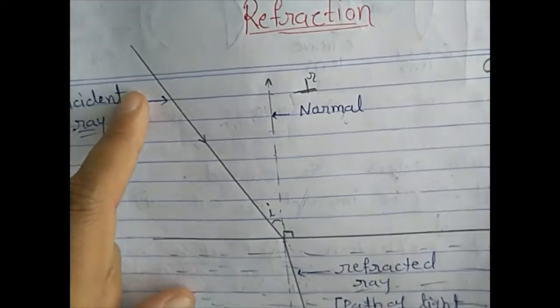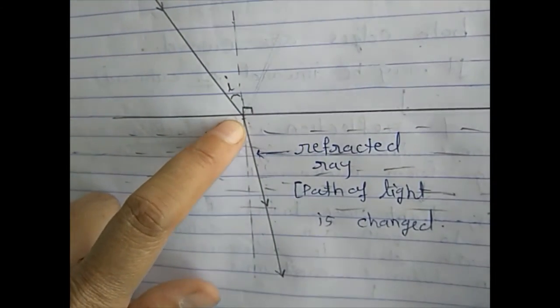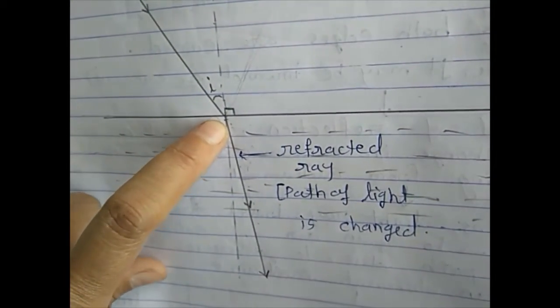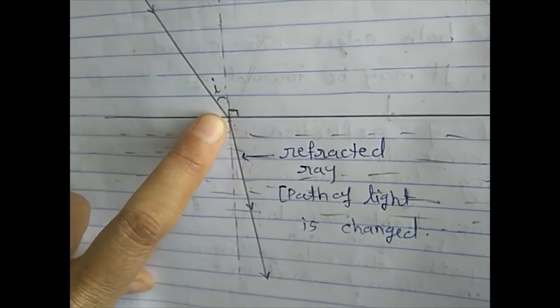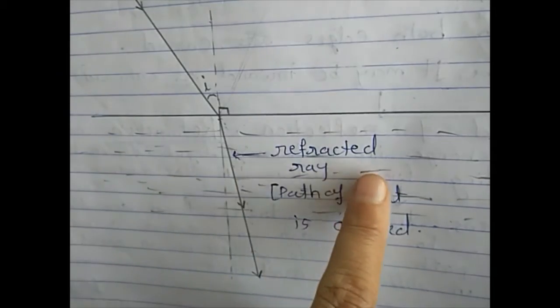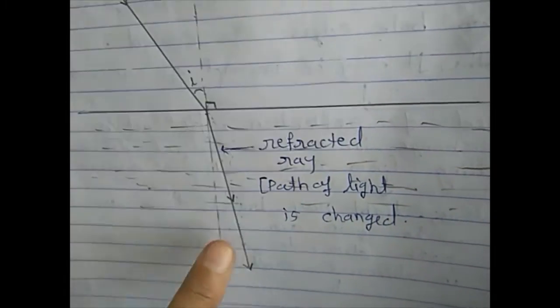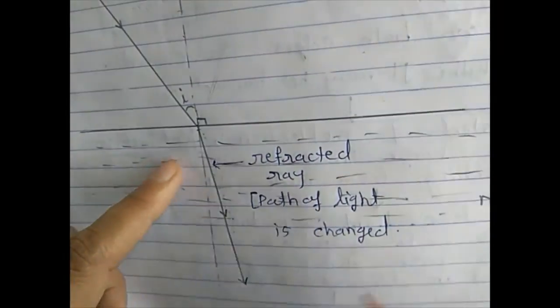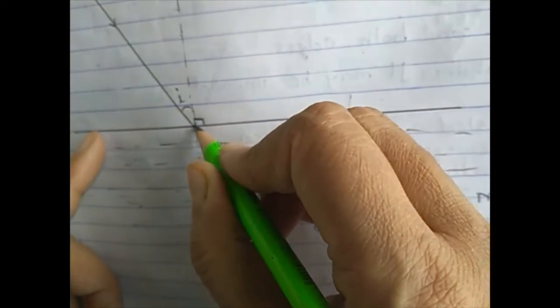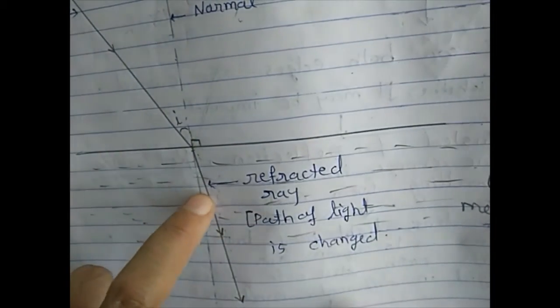So here is the incident ray, it reached the surface of water, then due to difference in speed it changes its path and refraction happens here, that is the refracted ray, and the path of light is changed here. It is the normal which is perpendicular to the surface of water. This is the angle of incidence and this is the angle of refraction.